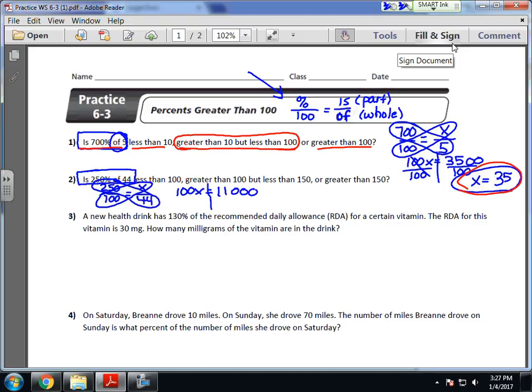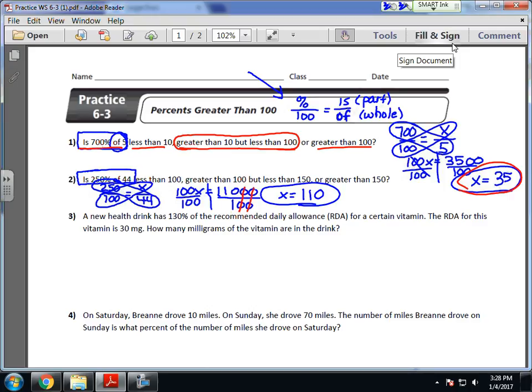What's my next step? Yeah, my next step is to divide both sides by 100, and I can either divide or I can use that trick that I know we've talked about before, where the zeros actually cancel out, and then 110 divided by 1 is a lot easier to answer because x will just equal 110.